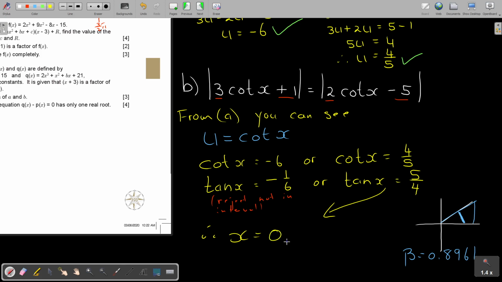So make it to 3 significant figures: 0.896. So therefore, the answer is x equals 0.896. Okay, because I reject this one, I'm only up to pi over 2. That's how you do it.